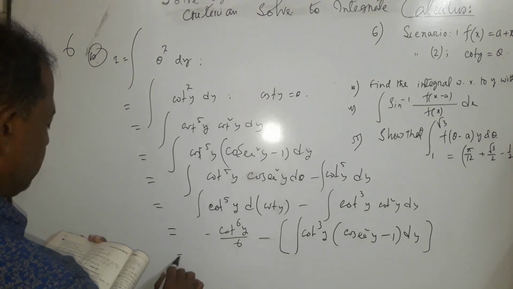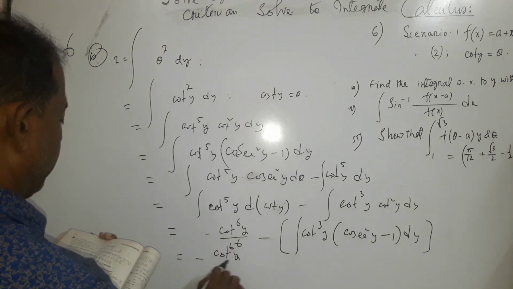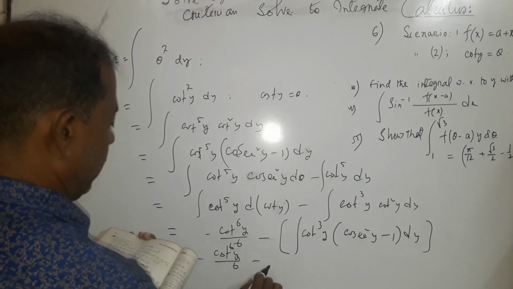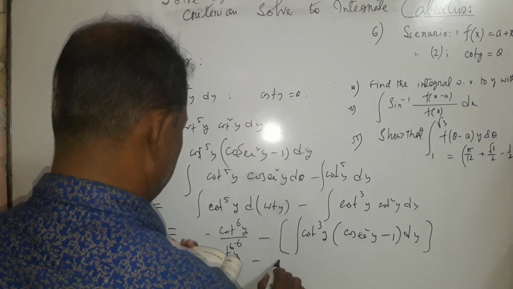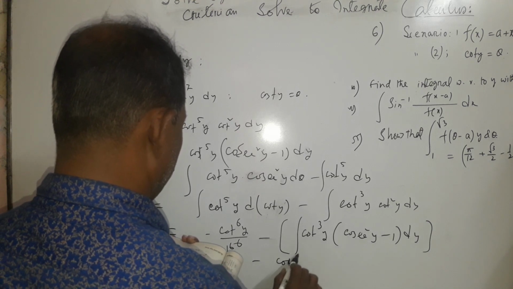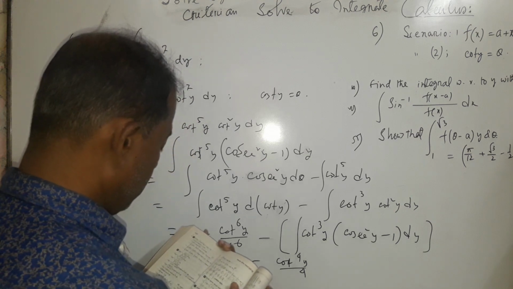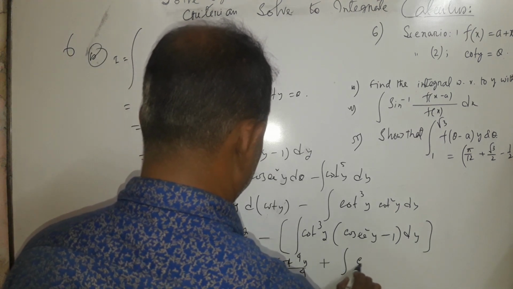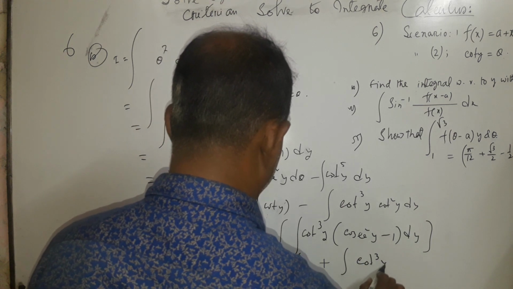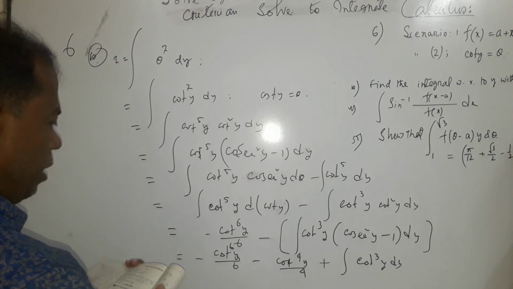So I think that minus cot 6y divided by 6 minus cot 4y divided by 4 plus the integration of cot cube y dy.